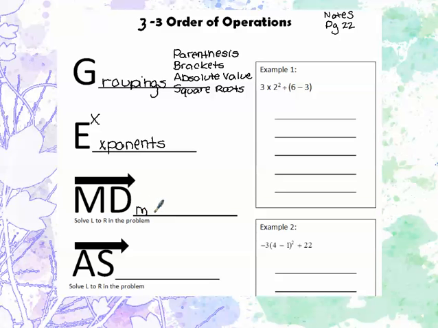So we have multiply and divide. And the same rules apply when you're adding or subtracting. Add first before you subtract, or subtract first before you add, whichever is first whenever you are solving the problem.